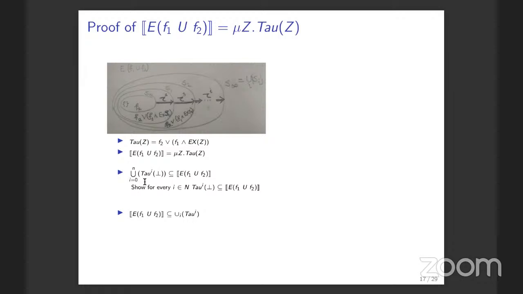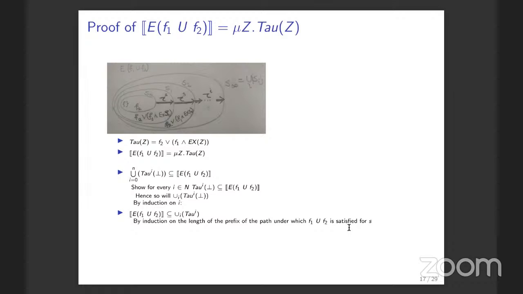And since the limit is the union of all those things, that will be contained in that as well. That is the method that is used, done by induction on i. Now, here, you will have to use induction on the length of the prefix of the path under which F1 until F2 is satisfied for s.